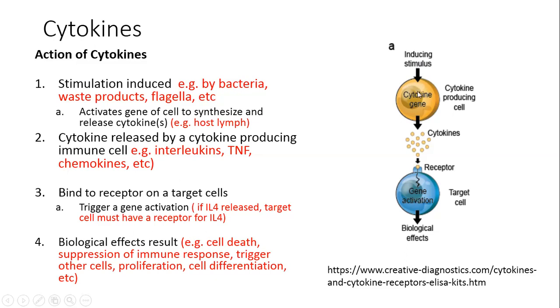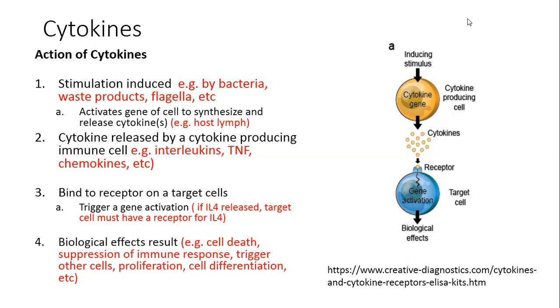But there's got to be something that stimulates this cytokine producing cell. Often we see it in the immune system that it's presentation of an antigen, processed by an MHC class and presented. That is an inducing stimulus.